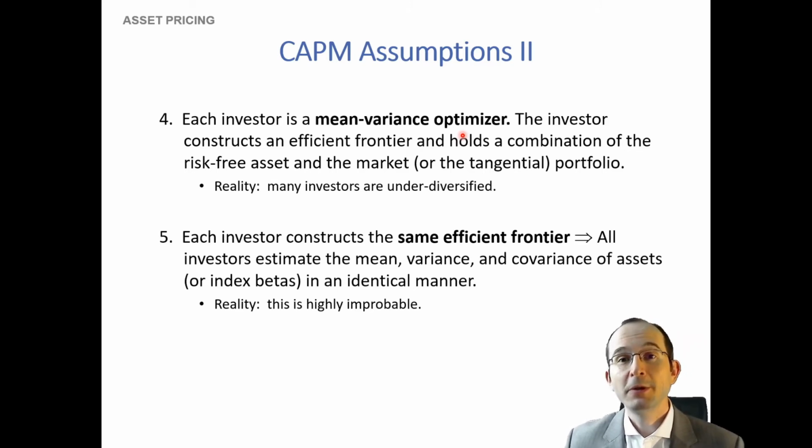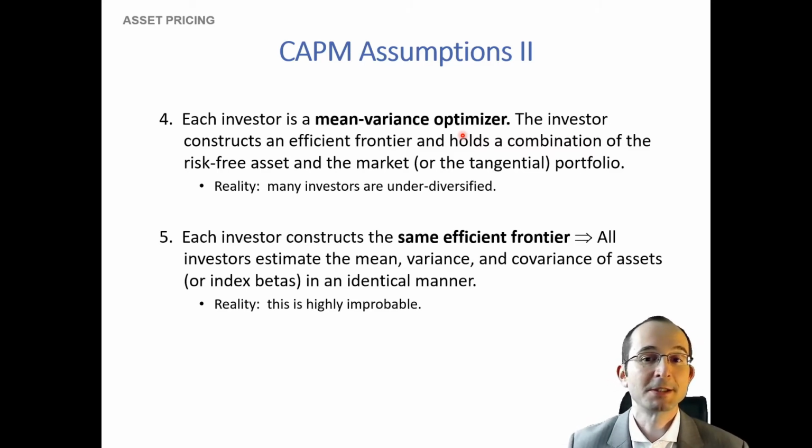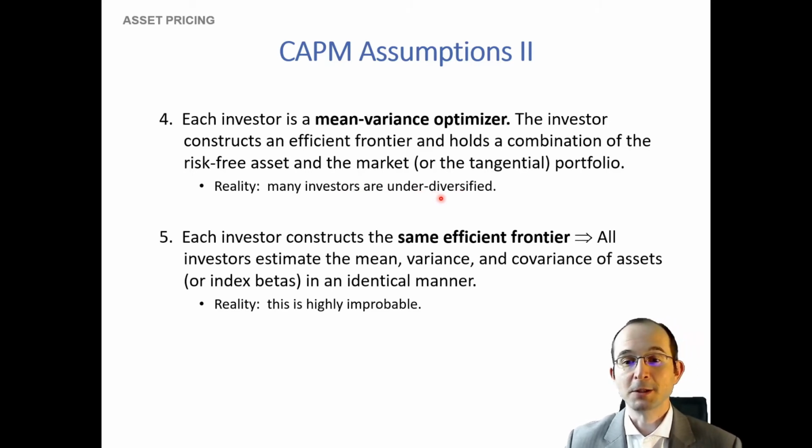But does portfolio theory actually get followed in the real world? Should we assume that all investors are mean variance optimizers? Well, we certainly know that retail investors are often under-diversified. And indeed, not everybody actually constructs mean variance optimal portfolios, even among sophisticated institutional investors, potentially by design.